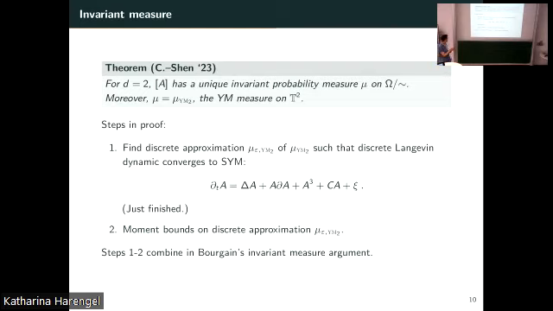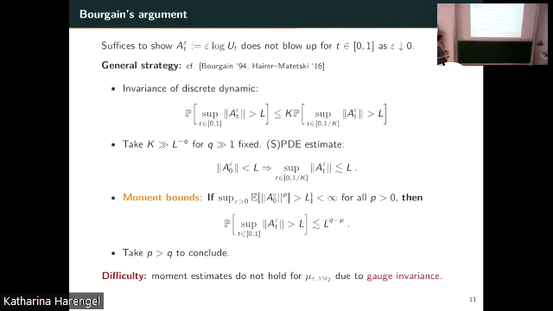These two steps combine into something called Bourgain's invariant measure argument. This was introduced by Bourgain in the 90s, and I'll briefly explain how this works. It's essentially a complete description of Bourgain's argument on one slide.